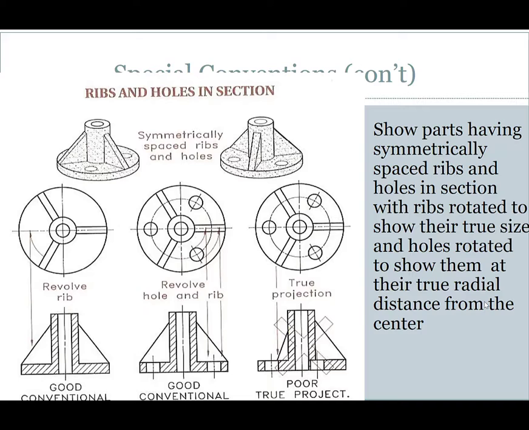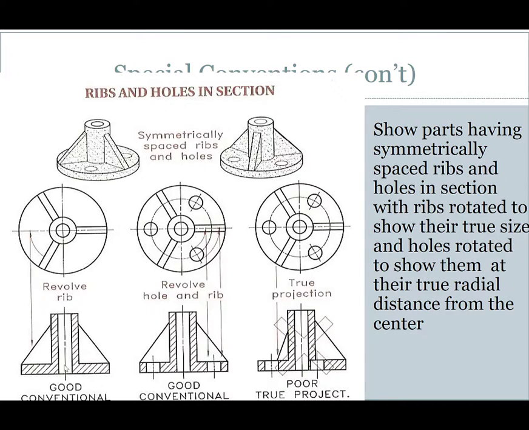Here are more examples to tell the conventional practice. The one on the most right side tells you a true projection, which is not acceptable because it is misleading. So whenever you have the evenly placed feature on the object, you want to represent the evenly placed feature in the section view as the conventional practice.